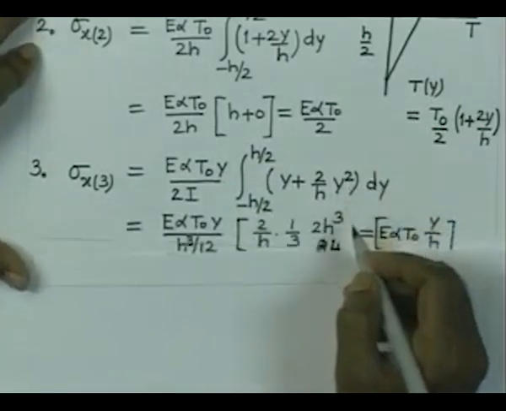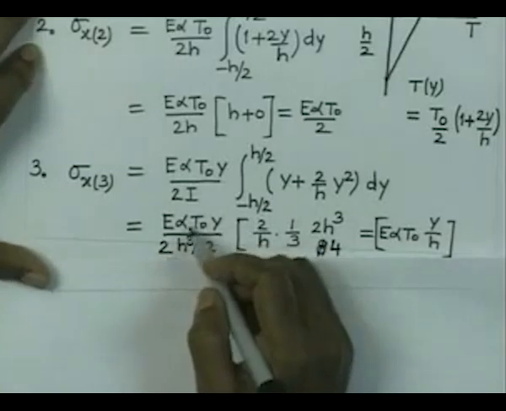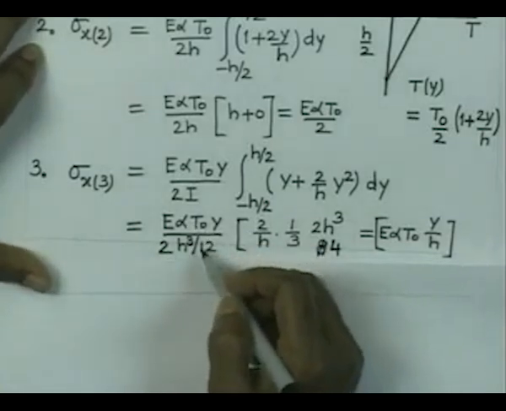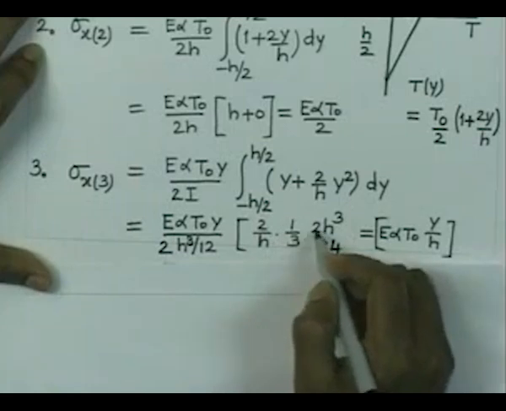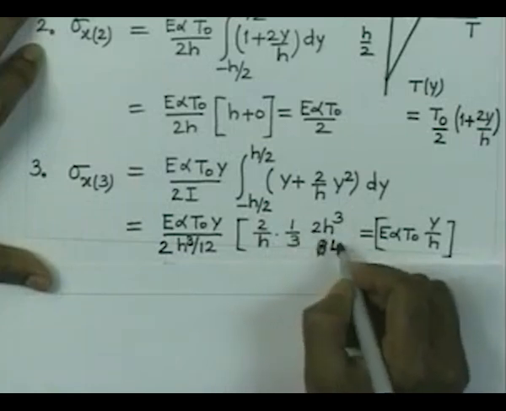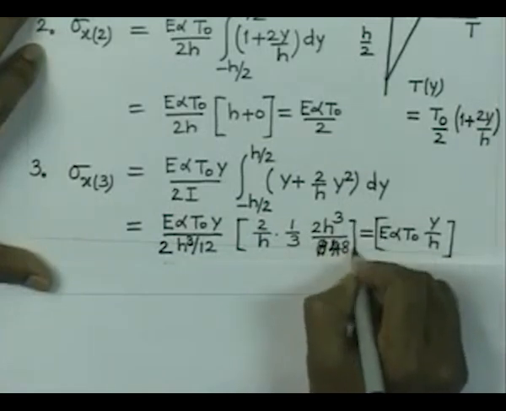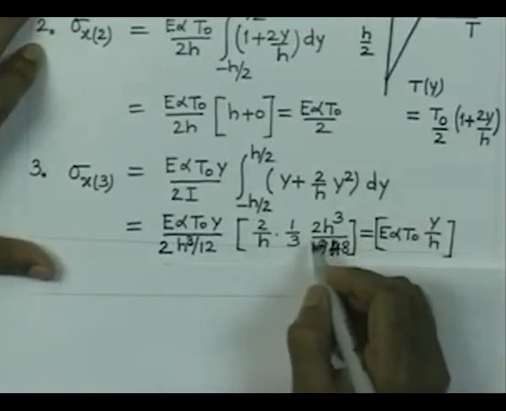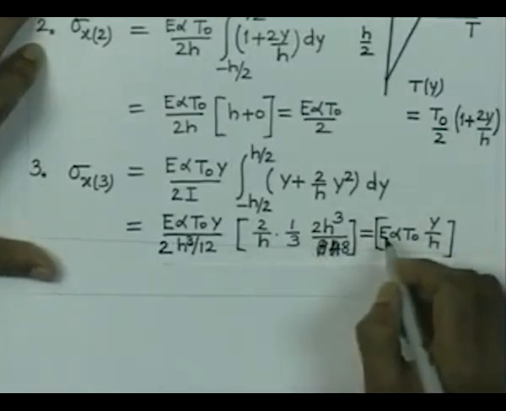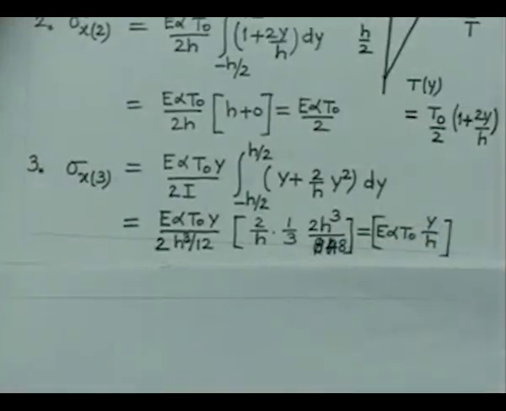So, if we do the integration, it comes out like this: E alpha T0 y by 2 into h cube by 12, and it is 2 by h into 1 by 3, and it is 2h cube by 8. So, if we simplify all that, we have E alpha T0 y by h. So, this is the third part.